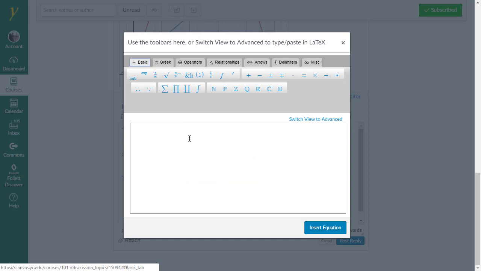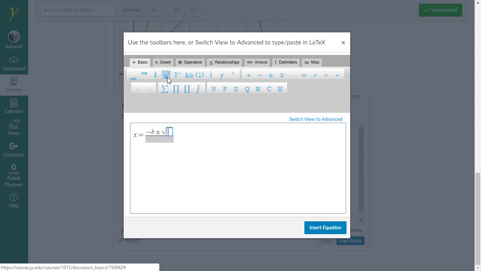And now I need to do the quadratic formula, which is fairly complicated. So I'm going to type x equals, and remember the quadratic formula is a fraction. So there's a button up here to do fractions. And in the top of it, I'm going to put minus b. Now I need to find the plus or minus, which I see right here in another button.